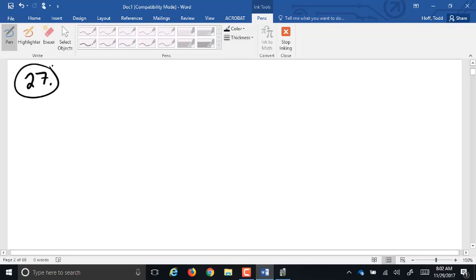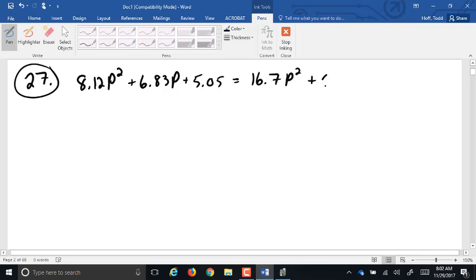Number 27, 8.12p squared plus 6.83p plus 5.05 equals 16.7p squared plus 6.83p.